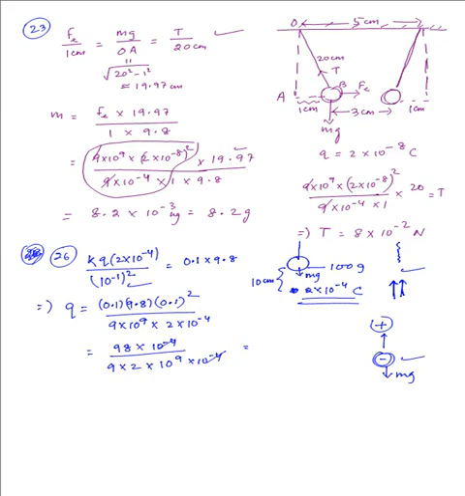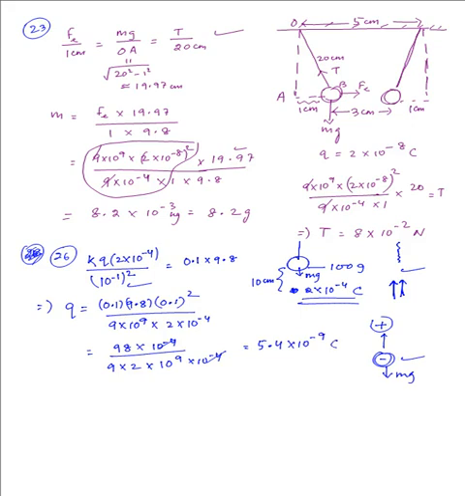Now 99 over 18 would have given us nearly 5.5. So we keep this nearly equal to 5.4, and we take the powers of 10 the other way around, that is 10 raised to the power minus 9 coulomb. So this is approximately 5.4.